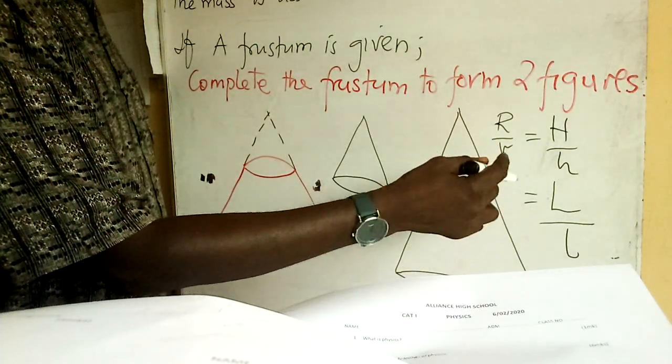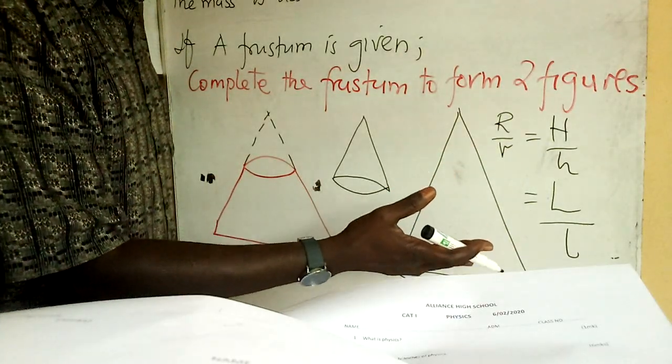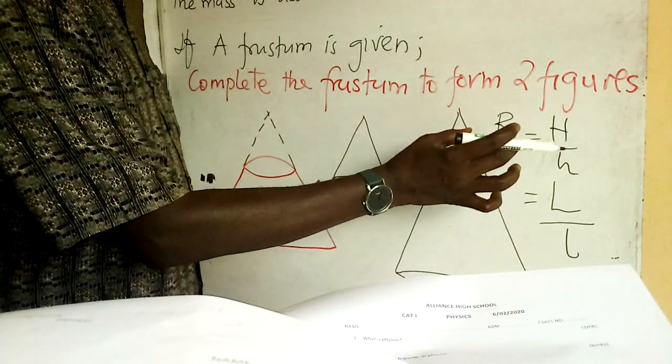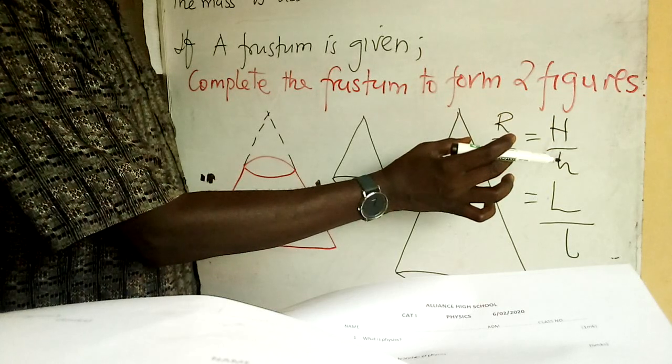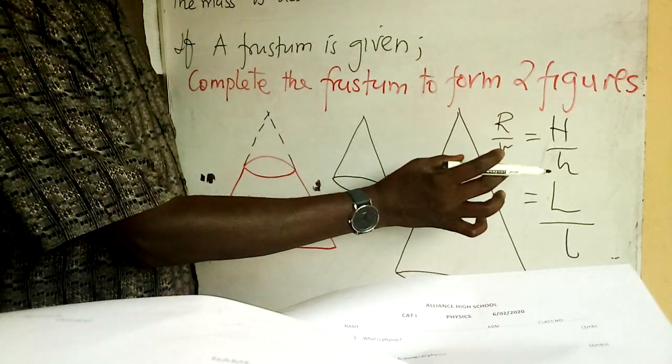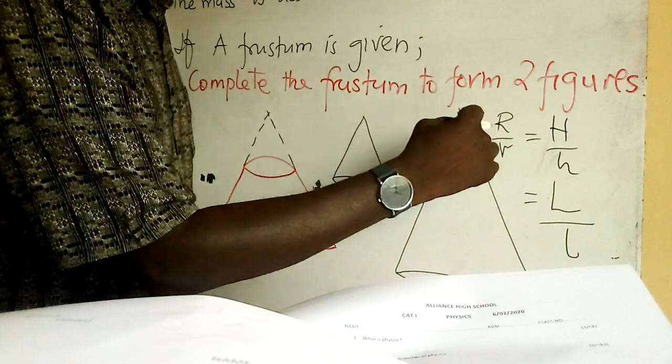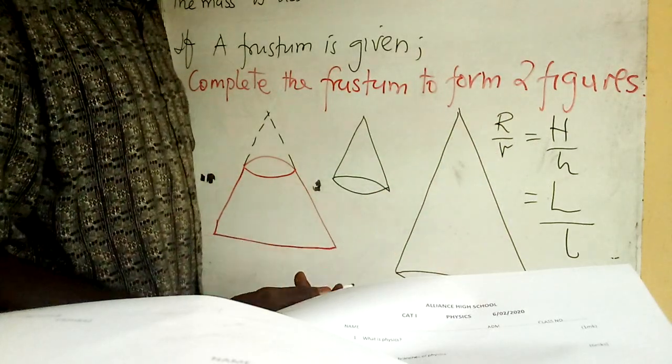These are three I have shown. At any given point, you must have two. So this will drive you to get a length which will be used for further computation.